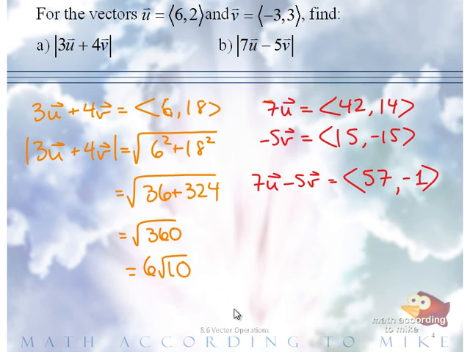So to find the magnitude of 7 vector u minus 5 vector v, what's the setup? Of? Yeah.